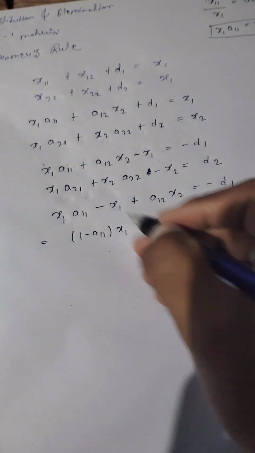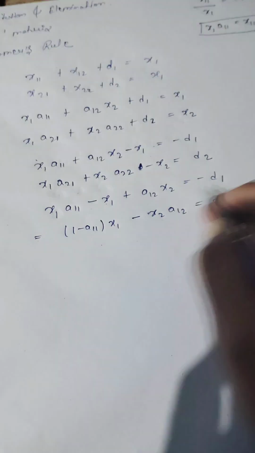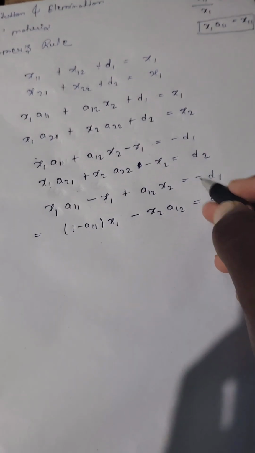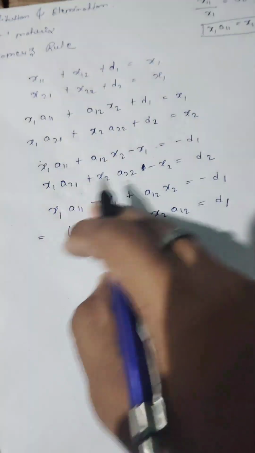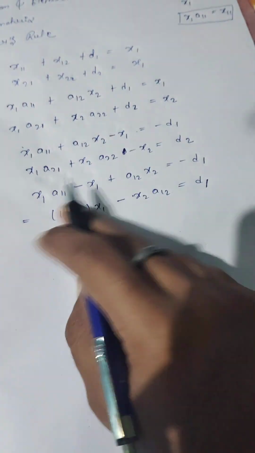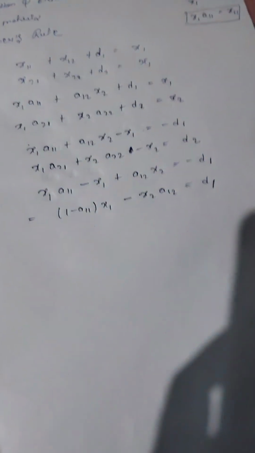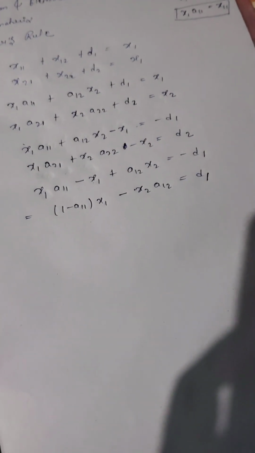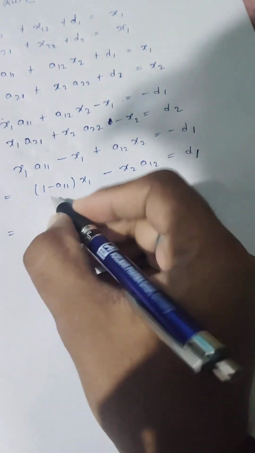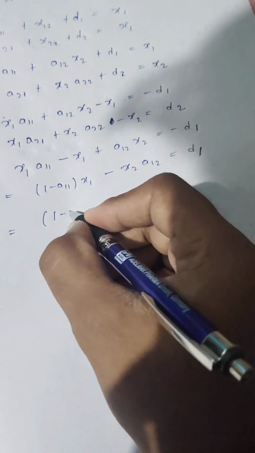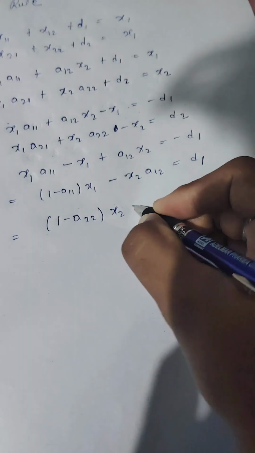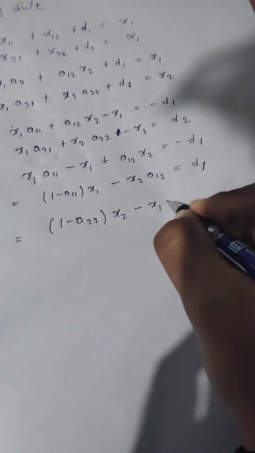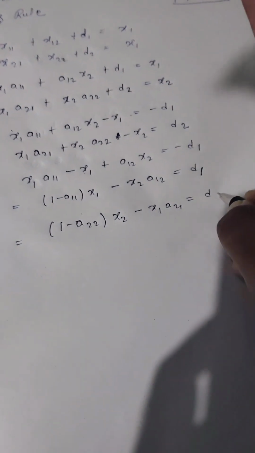We will remove the negative sign multiplying X1. In order to remove this negative sign, we will multiply minus 1 with these terms. So we get this equation. And I have taken X1 common from these two. Similarly, we can write the second equation as 1 minus A22 X2 minus X1 A21 is equal to D2.